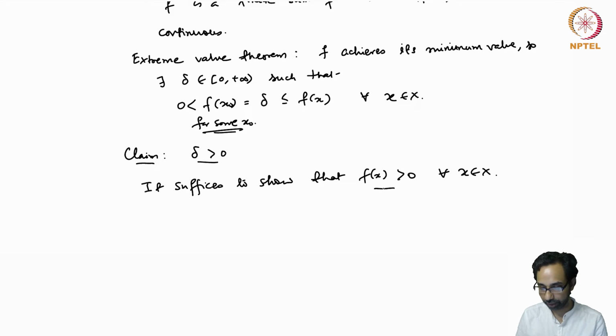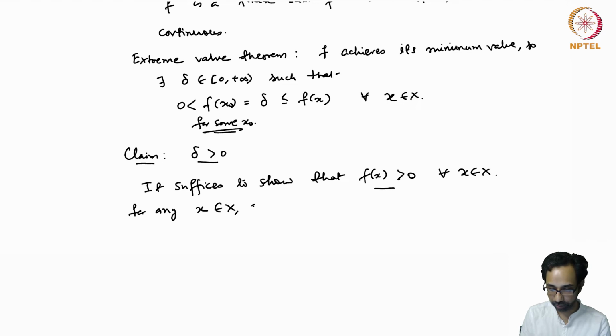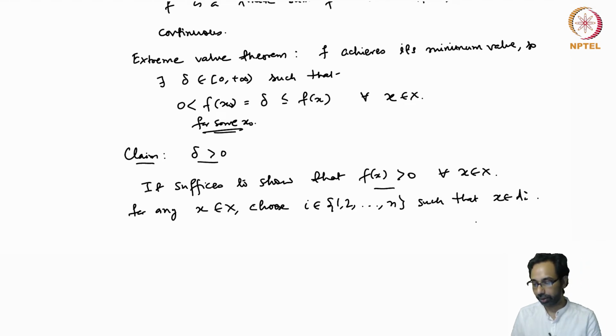So why is f of x greater than 0? For any x in X, we can choose i in the set 1 up to n such that x belongs to ai. So the subcover that we chose of the sets ai, x belongs to one of these sets, so there exists an i such that x belongs to ai.